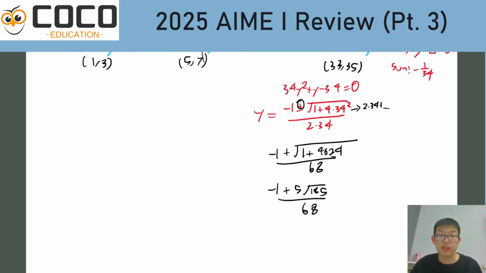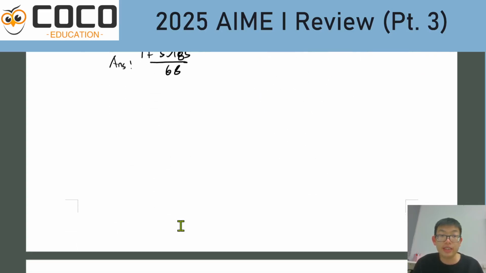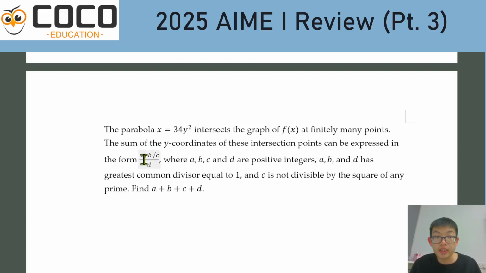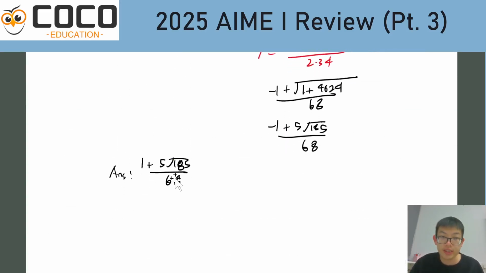Okay, and so therefore the answer you get is 1 over 34 plus this, just switches this to a plus. And I suppose it's a nice thing that the question has said that it's in this form where a, b, c, d are positive integers. So that reduces the likelihood that we would have just forgotten and left this as -1. Now we know that it does look like this, and summing up all those four values gives you 259 as our answer.